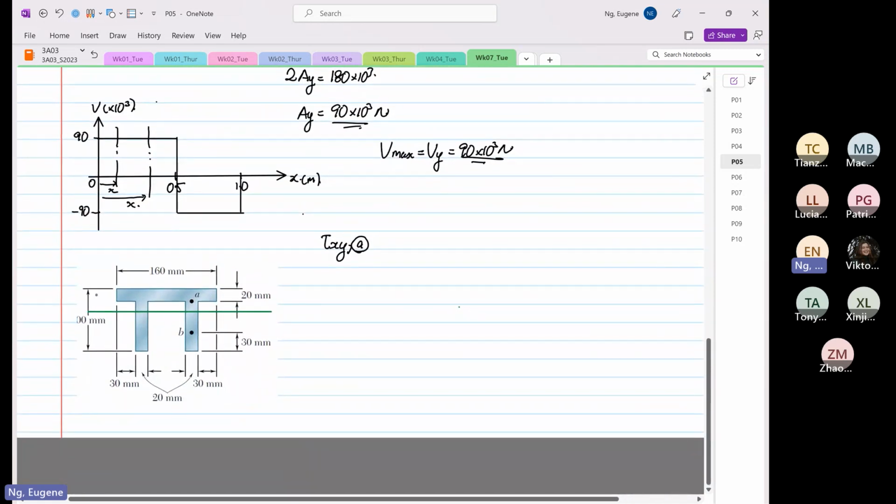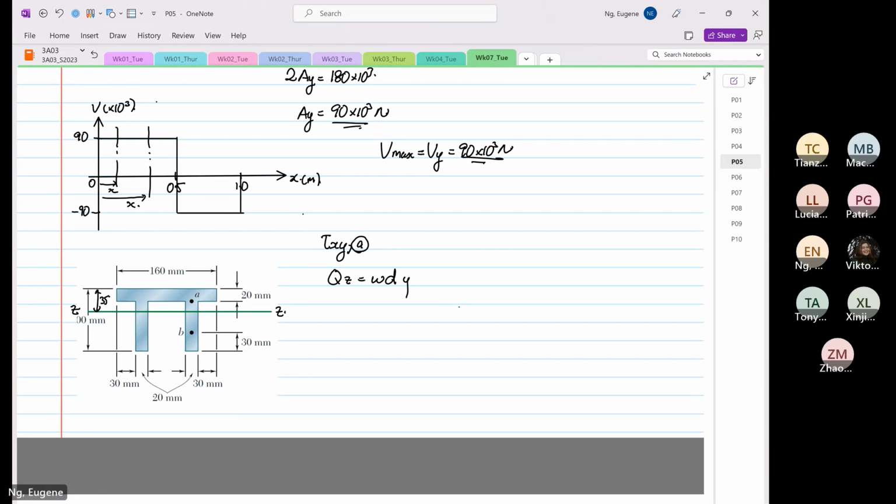If it's not given, it's easy to determine. So now we have to find our first moment of area, about the ZZ axis. So we want to find QZ, with that y bar.